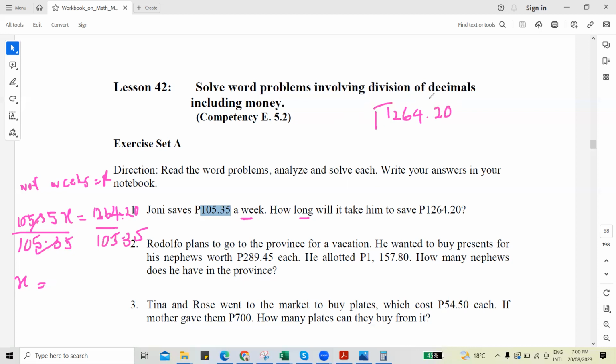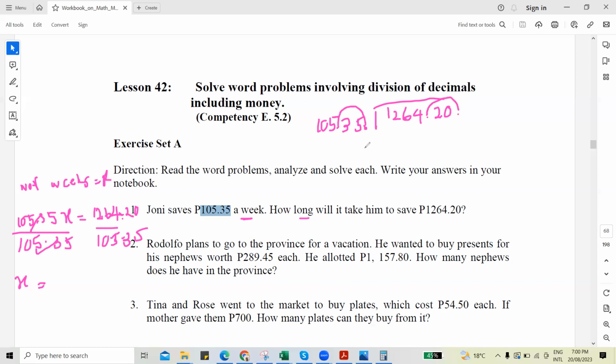1264.20 divided by 105.35. The thing is, this has 2 decimals. You have to take them out, right? These 2 decimals come out.